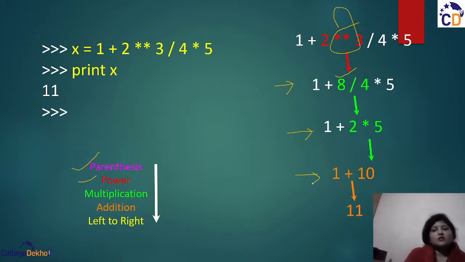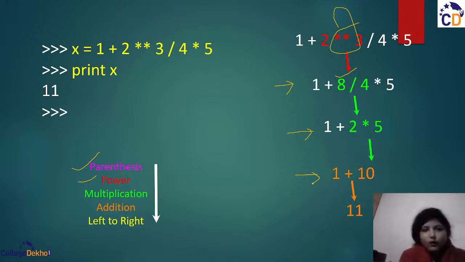Here there is no subtraction symbol in the expression, so we directly jump to the addition symbol. So 1 plus 10 is 11. So 11 is the answer, and 11 is the value assigned to the variable x, and now we have given the statement print x. So under this statement we are going to print the value of x, that is 11.